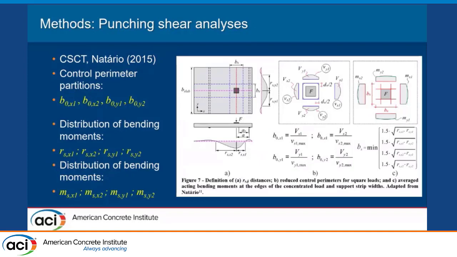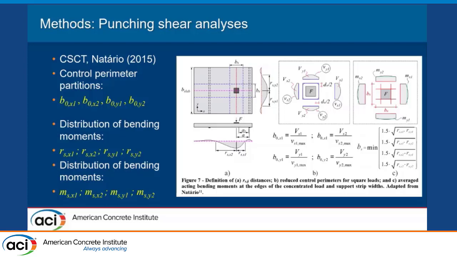In the case of the punching shear method, the idea is more laborious, since we need to evaluate the contribution of each side of the control perimeter to the punching capacity. So we need to evaluate the distribution of the shear demand in each side of the control perimeter to determine the effective length of each side. After, we need to evaluate the distribution of bending moments in two sections crossing the load, to estimate the slab strip over which we will evaluate the bending moments.